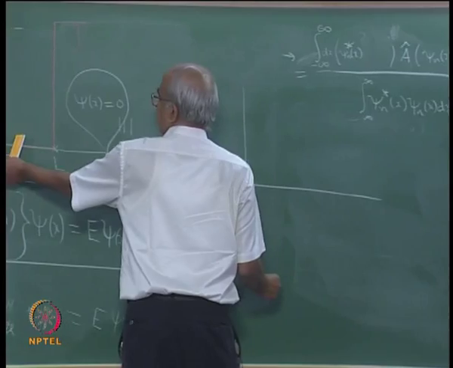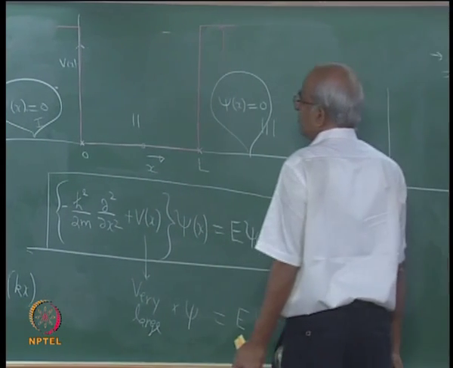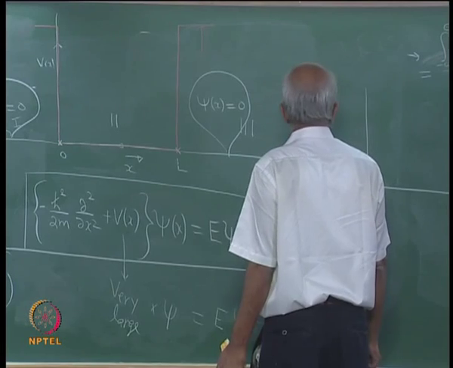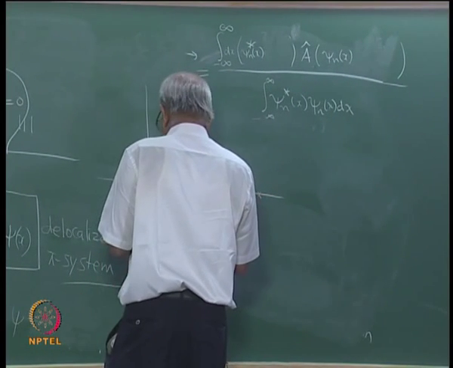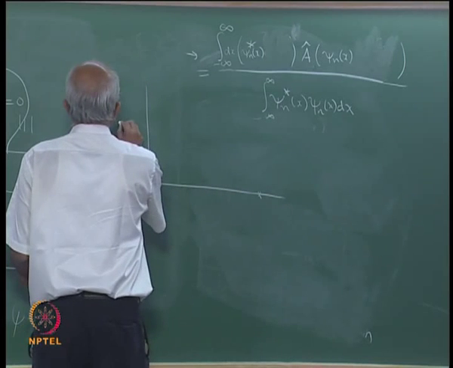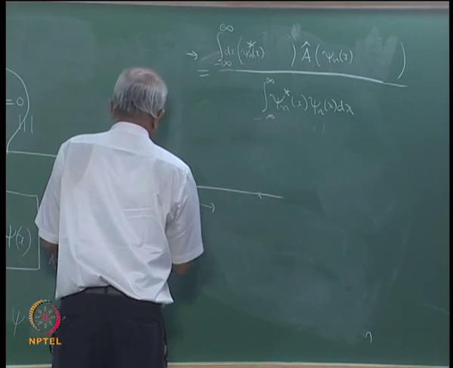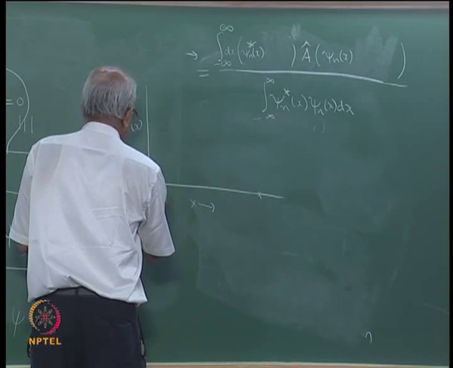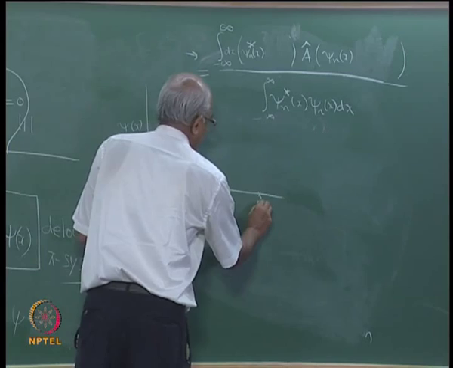See, this is a plot of V of x against x, and now I want to make a plot of psi of x against x. And the box is of length L. So, therefore, the box extends from x equal to 0 to x equal to L.